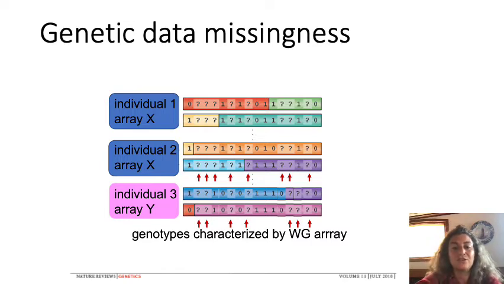Additionally, we will be analyzing only half of the genetic variation, and we may miss causal variants in the analysis. Because of all these reasons, we use genetic data imputation.